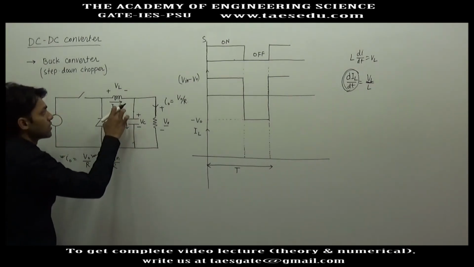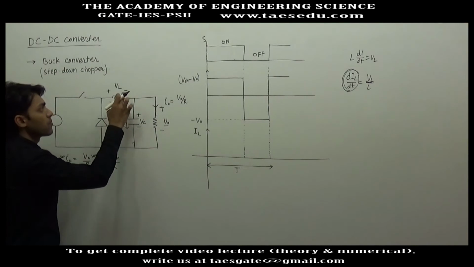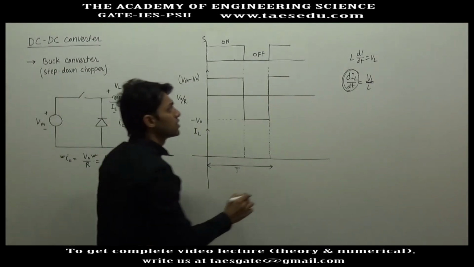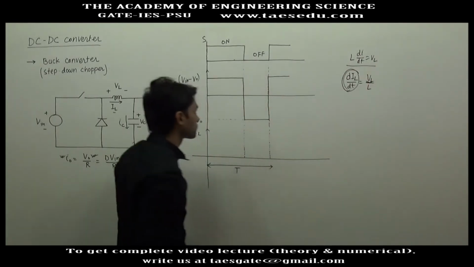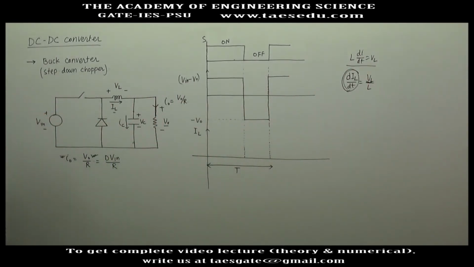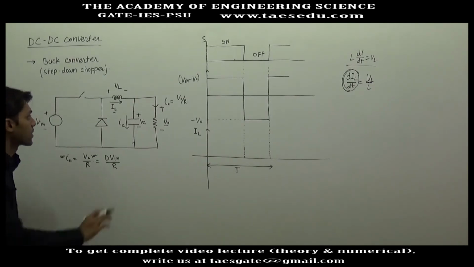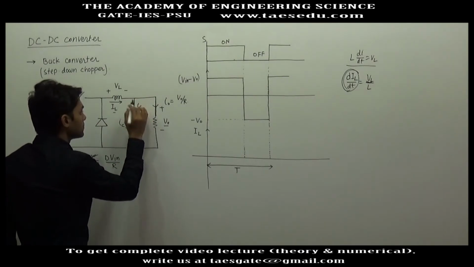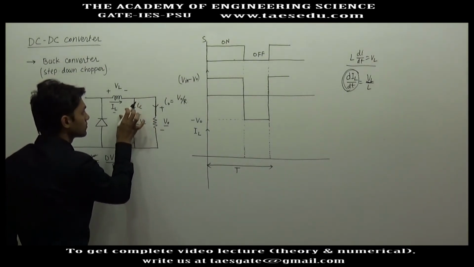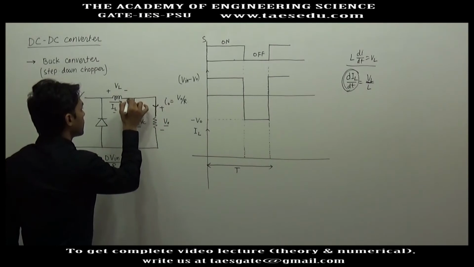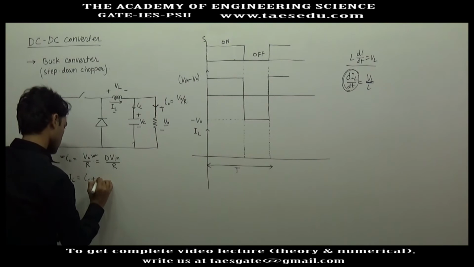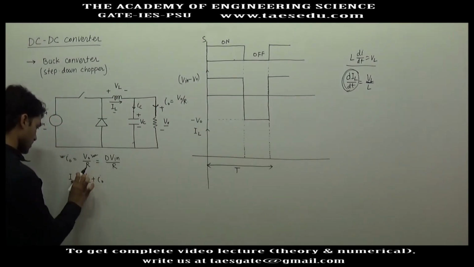Here also the direction of reference current is from positive to negative of reference voltage. Then only you can use this relation, otherwise you will have to add a negative sign. Okay, so if this is capacitor current IC and this is I naught, IL will be written as IC plus I naught. This relation will always hold from the circuit diagram.